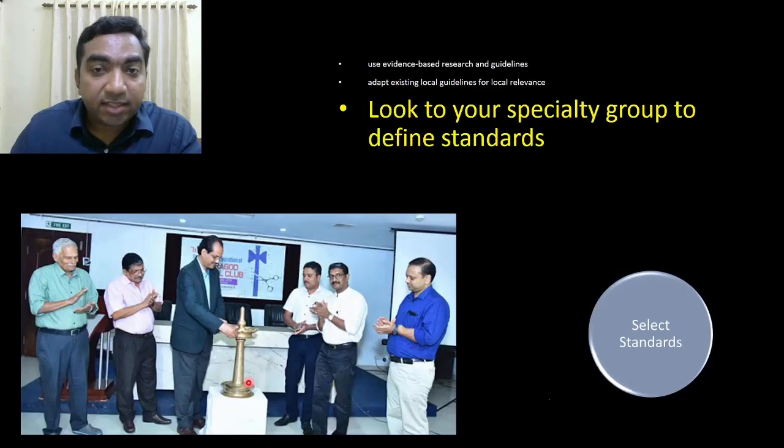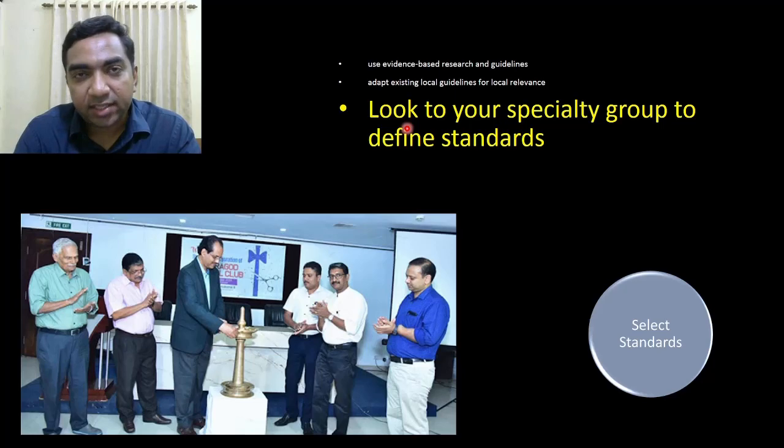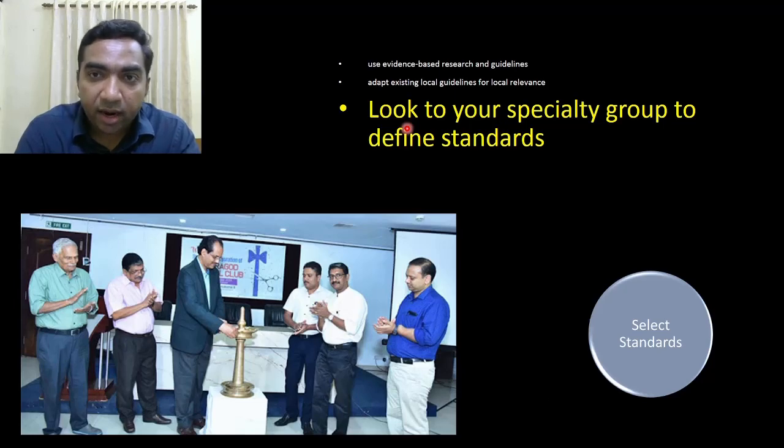Next, in surgical clubs and so on, we can look to our specialty group to define standards. In surgical clubs, different surgeons from different hospitals will present their complication rates and their surgeries. Then we can understand their complications, and based on that we can define our standards.